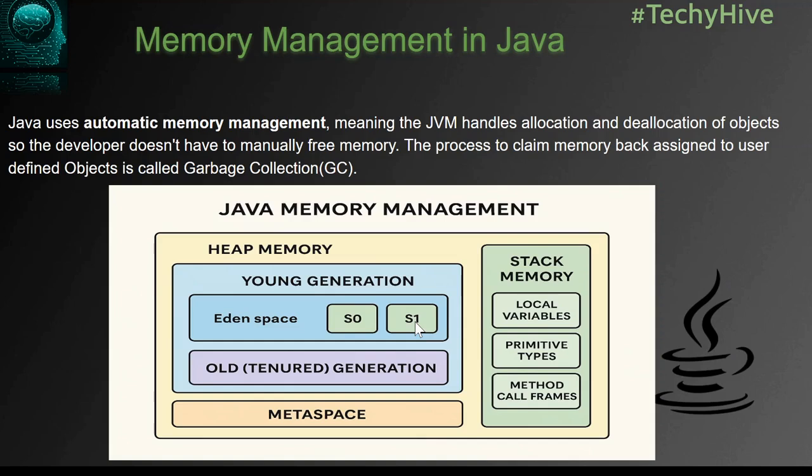An object may survive multiple minor GCs. There is a threshold for the survival of minor GCs, and I think in Java it's 15. So after 15 minor GC cycles, all of the live objects from S0 and S1 are moved to the old generation, and they are kept over there until the next major GC happens.